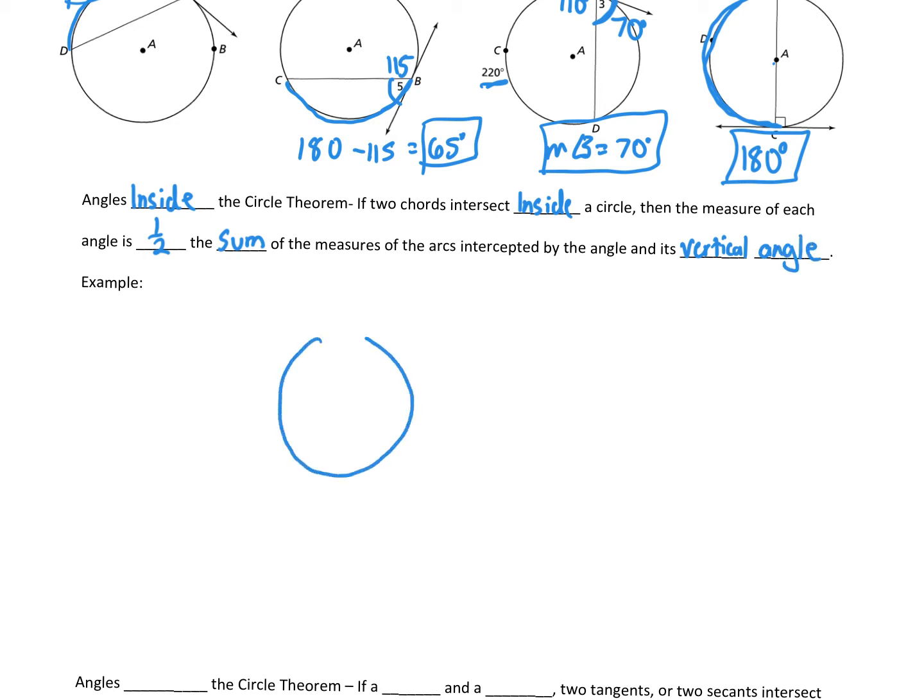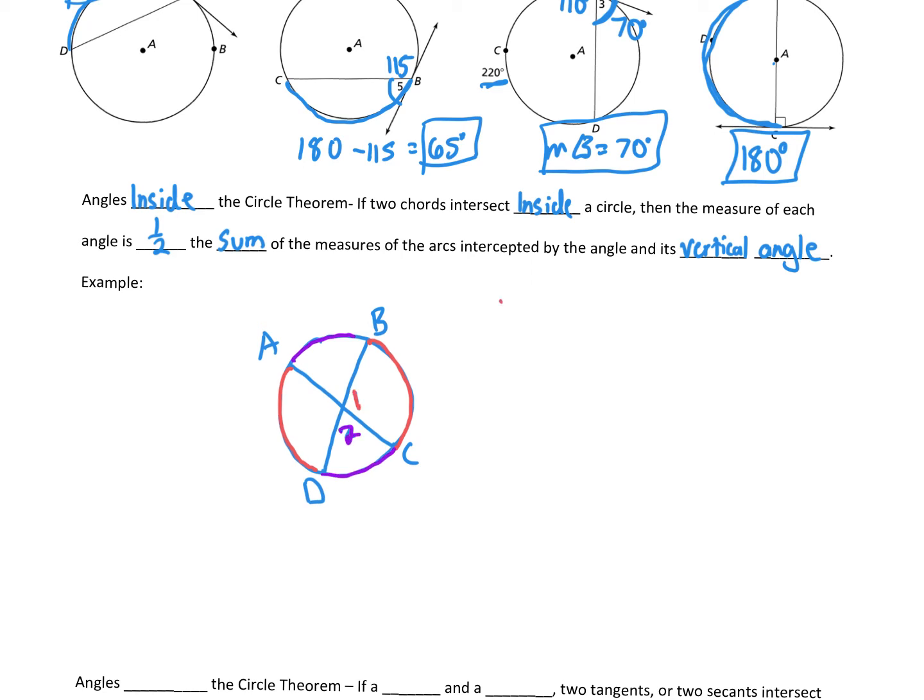If I had a circle and there's a vertical angle inside, let's say this and this, and we call these A, B, D, C, and we'll call this angle 1 and angle 2. Angle 1 we'll color in red, and angle 2 in purple.